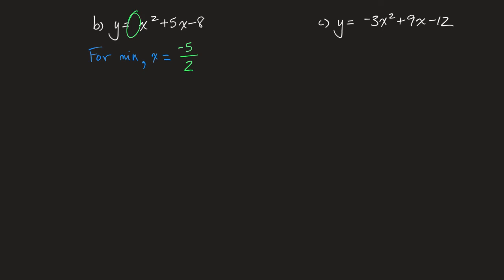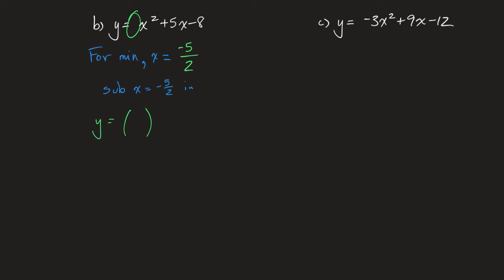Okay, now that I have that, what I'm going to do is sub x equals negative 5 halves back into my function. And that's going to give me my y value. Now, my recommendation to you is if I have a fraction that I'm subbing in, try to simplify each term, or at the very least each power.